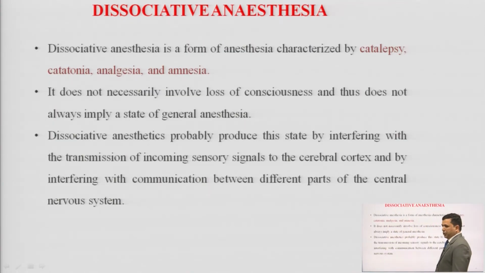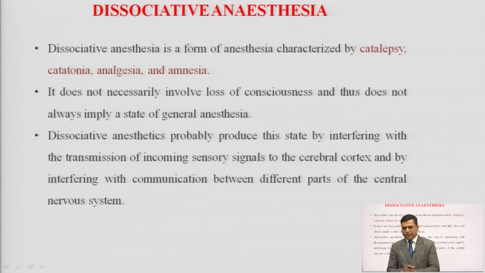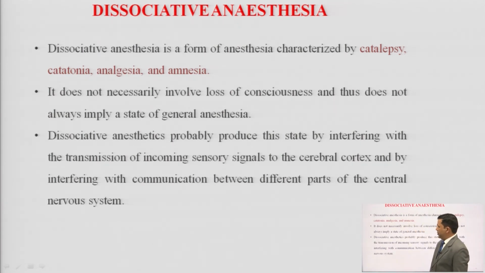Now, come to the dissociative anesthesia. Dissociative anesthesia is a form of anesthesia that can be characterized by catalepsy, catatonia, analgesia and amnesia. It does not necessarily involve the loss of consciousness and does not always imply the stage of general anesthesia.